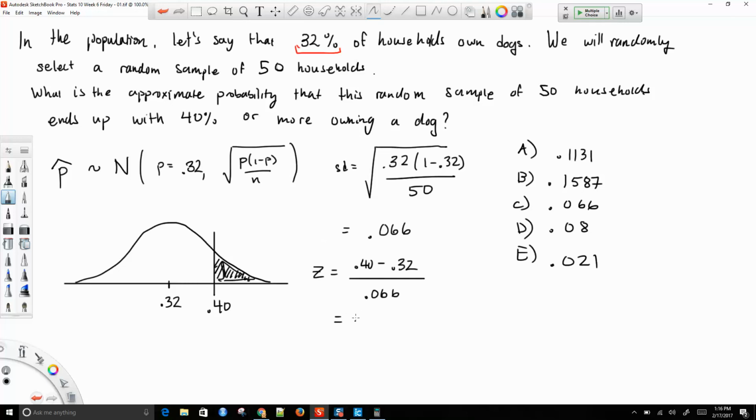And we get 1.21. We look up 1.21 in the z table, and the table always gives us the area to the left. And so that gives me 0.8869. That's this side over here. Therefore, this side over here is going to be 1 minus that. And so the area above 0.4 is equal to 0.1131. And there's our answer.